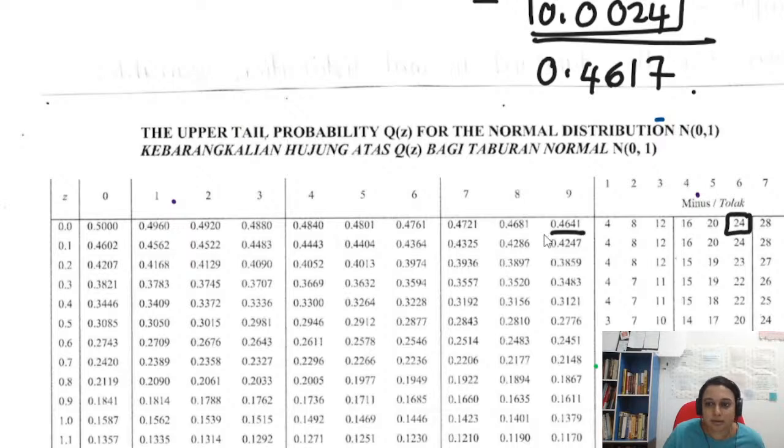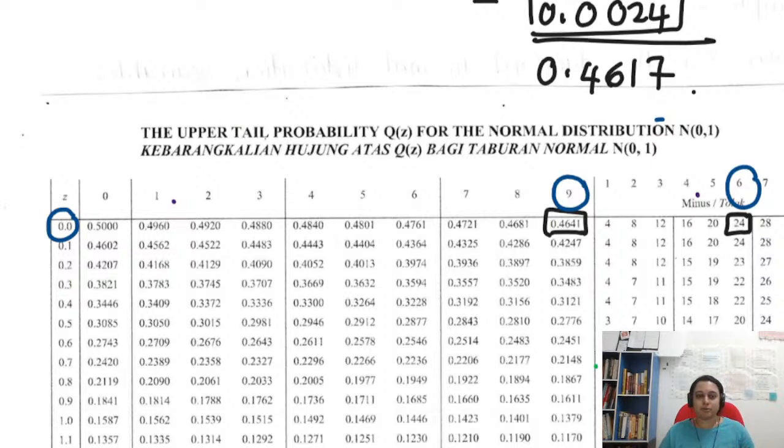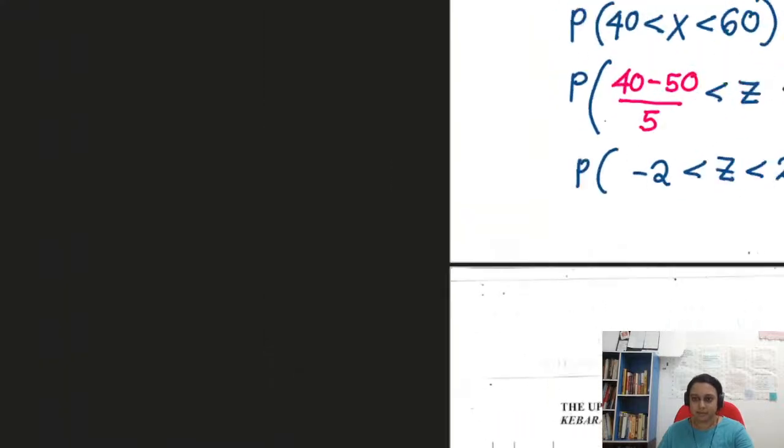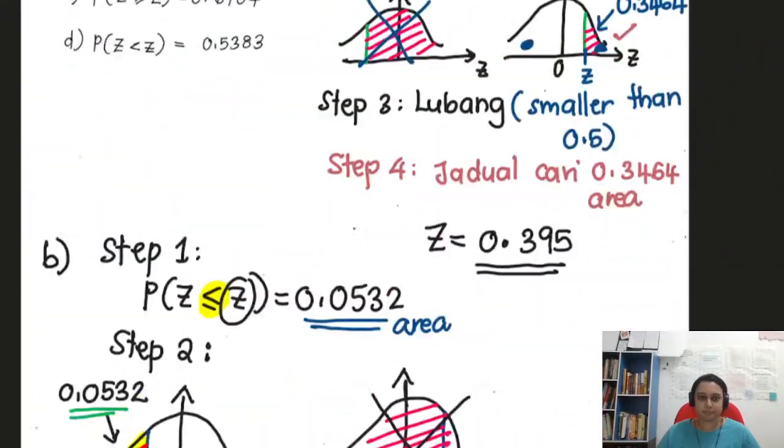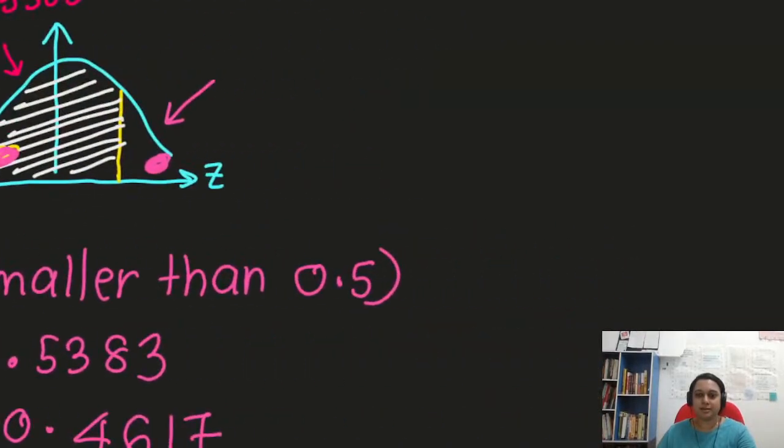This one. Okay, so your nilai for the Z will be 0.096. Okay, pergi balik pada soalan. 0.096.